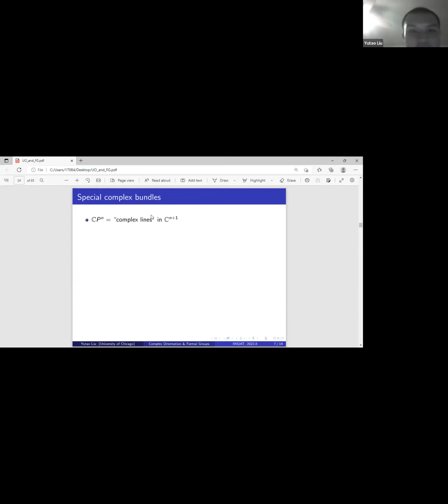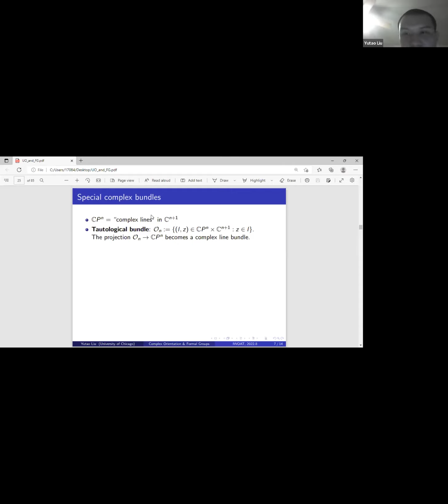So you consider the complex projective space of dimension n. You can view CP^n here as the collection of complex lines in C^(n+1). Then you can define the tautological bundle, which we denote by O_n.